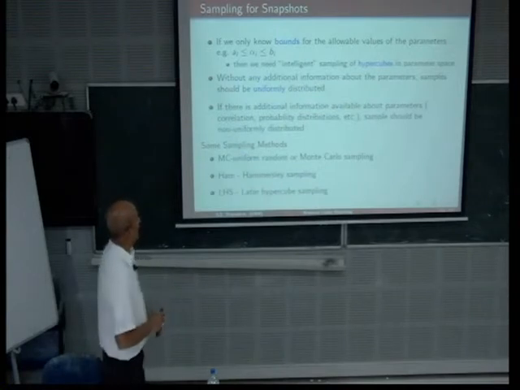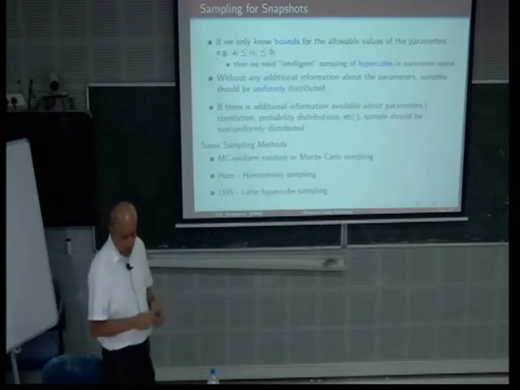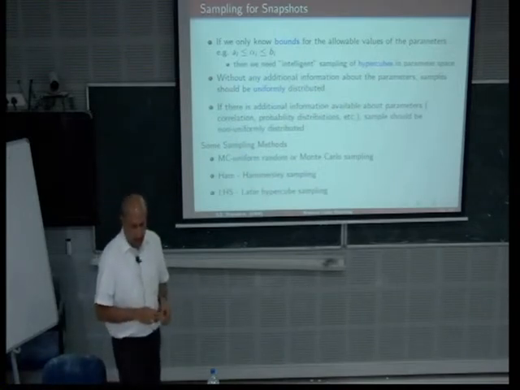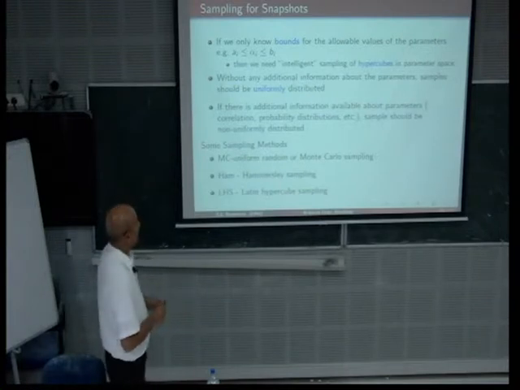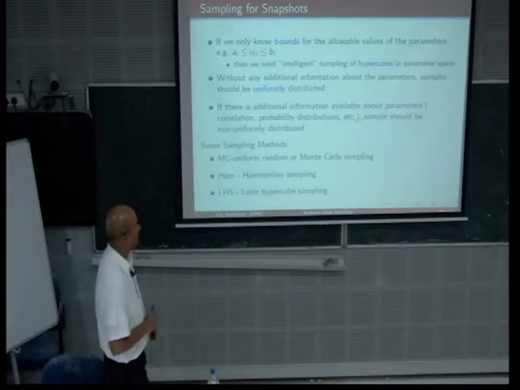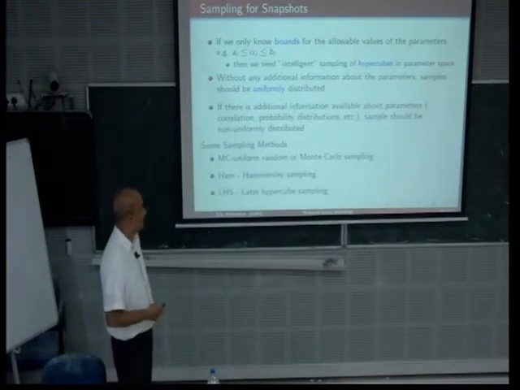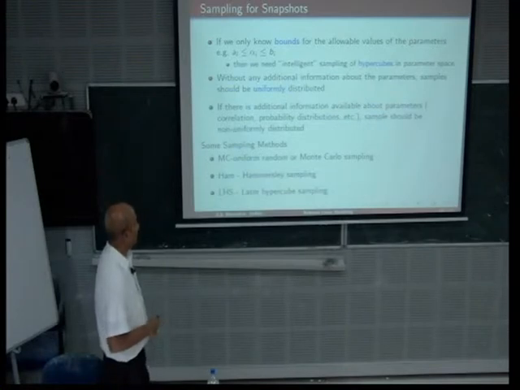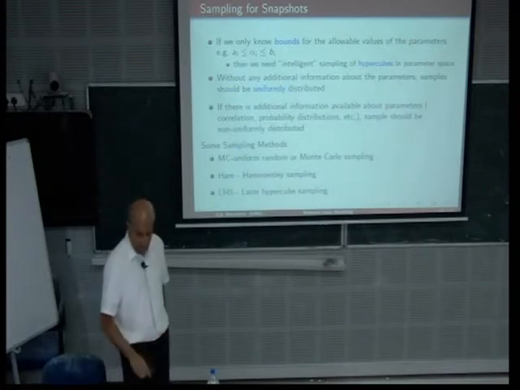Without any additional information, you have to sample uniformly. If there is additional information available about parameters like correlation, probability distribution, etc., then you could sample more cleverly, using non-uniform distributions.